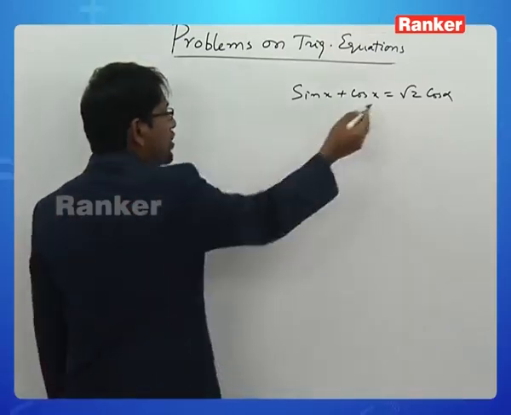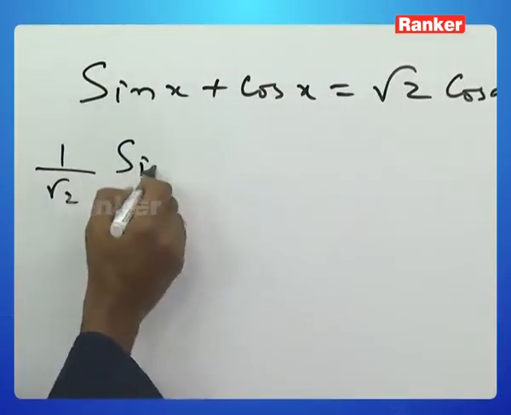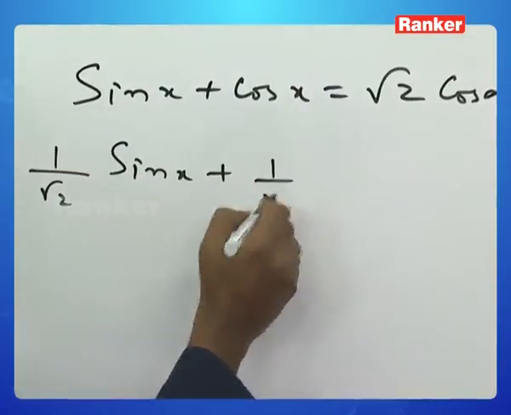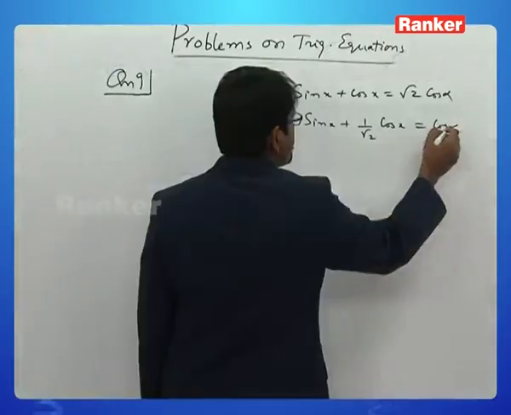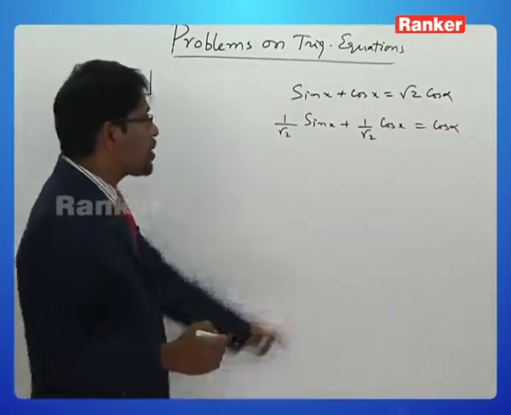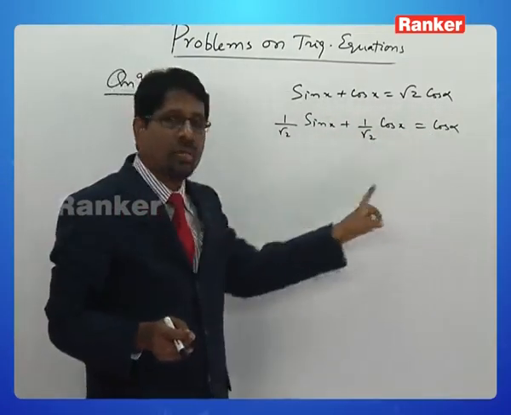Now I will bring this root 2 down here: 1 by root 2 into sin x plus 1 by root 2 into cos x is equal to cos alpha. Since you have cos alpha on the right hand side, let's try to bring this expression as cos of something.